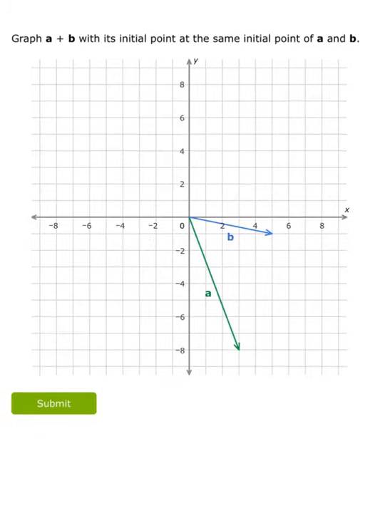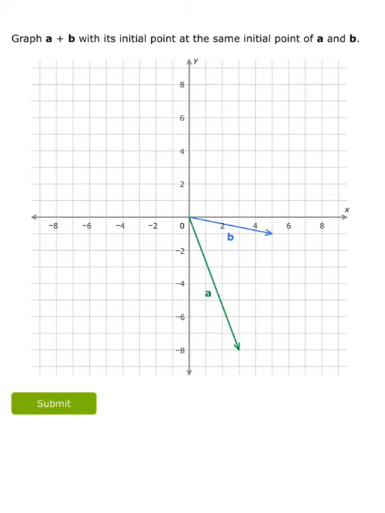Once again, both of these vectors, vector B and A, start at the origin, and we need to create a parallelogram in order to find the resultant vector. Let's just start with vector B. I need to find the rise over run in order to create the opposite parallel side. I can tell that vector B has a slope of -1 over 5 because it's going down 1 over 5.